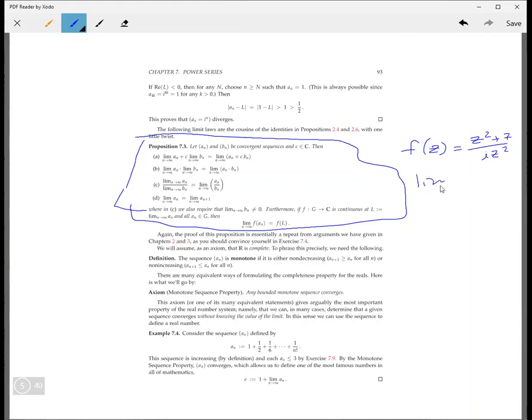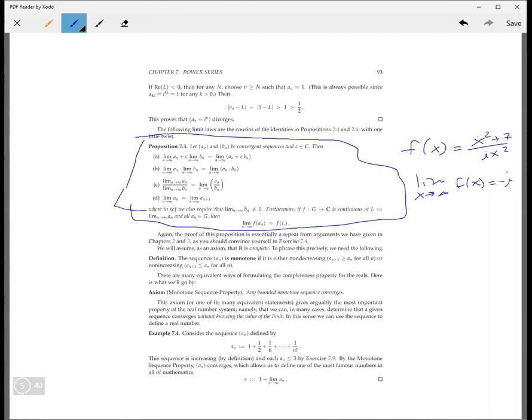And we know that, okay, hold on a second. It was x. So you know that the limit as x goes to infinity of f of x is what? It's 1 over i, right?